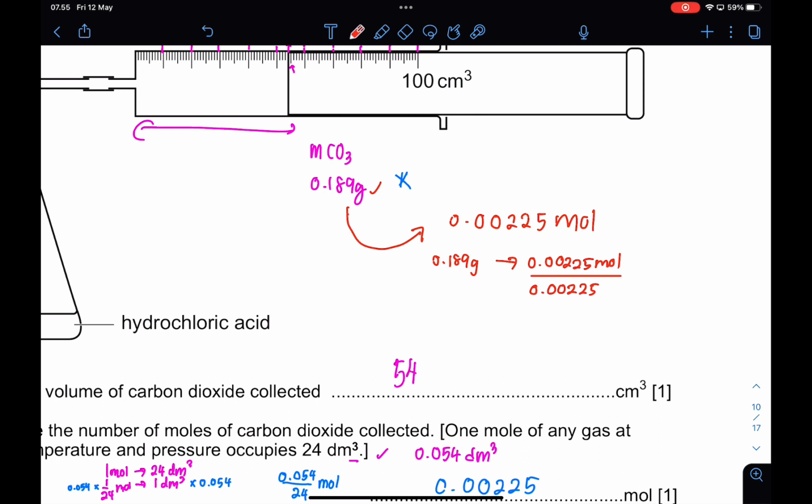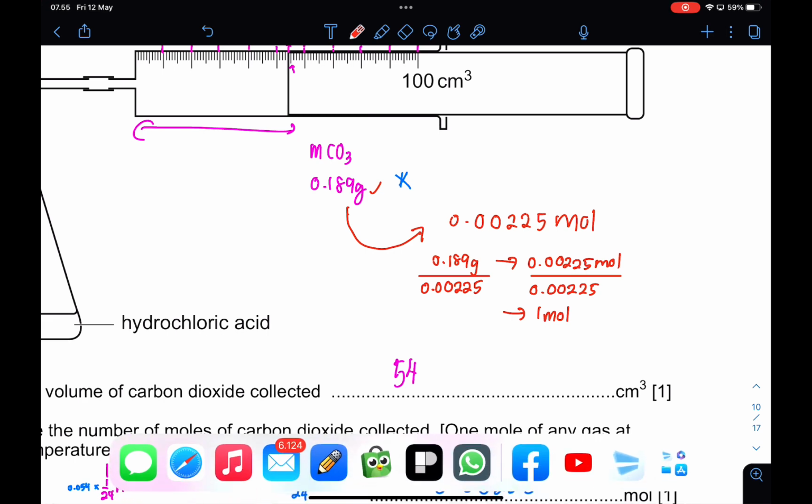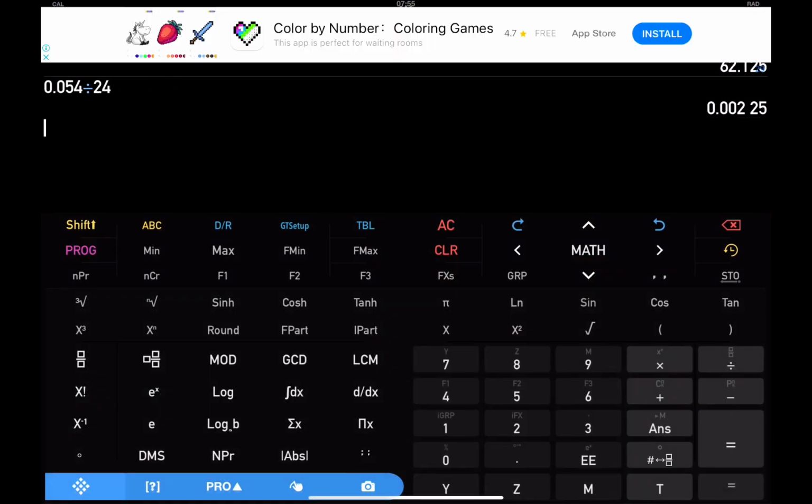If you divide here, you will get 1, right? So in an equation, if you divide on one side, you have to divide the same thing on the other side. So here I divide also with 0.00225. So for 1 mole, what is the number of gram?